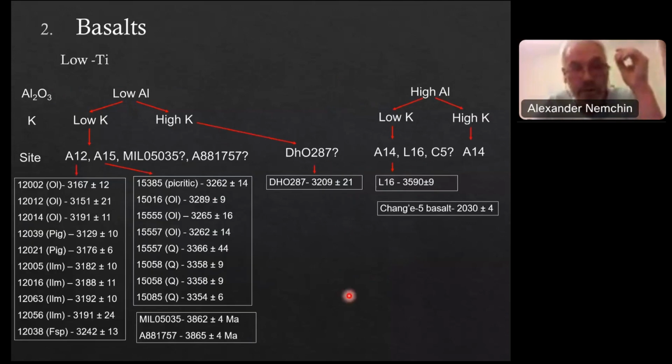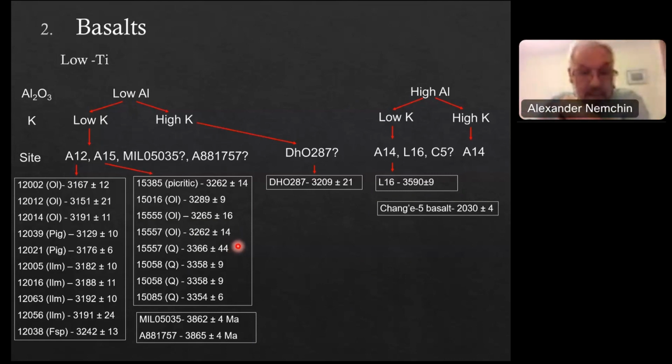If we go further to low titanium, it's much more populated because, of course, we've got access to quite a lot of Apollo 12, Apollo 15 samples, and then probably some meteorites. An important thing to point out here is that, if you look at Apollo 15, olivine-rich materials are quite close together and much younger than quartz.